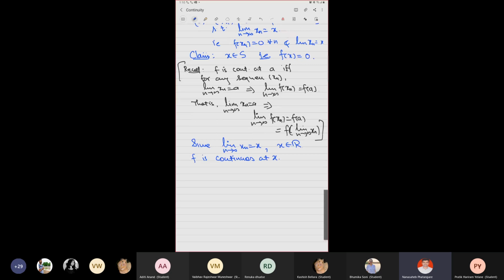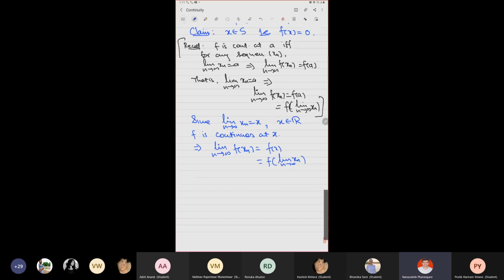From that, xn converges to x and the function is continuous at x. Therefore, what is the limit as n tends to infinity of f of xn? Yes, it is f of x, or f of the limit of xn. Same thing.